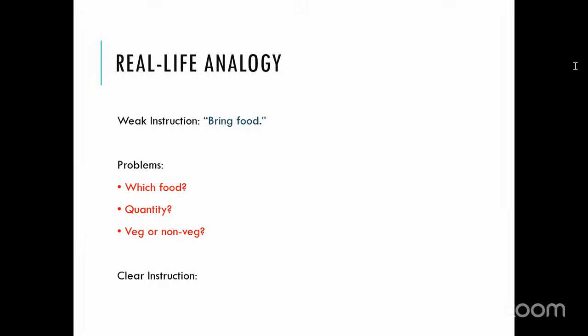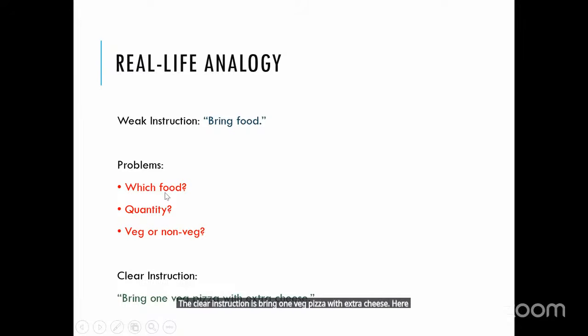Yes, I could see the results here. So what is a clear instruction? The clear instruction is "bring one veg pizza with extra cheese."